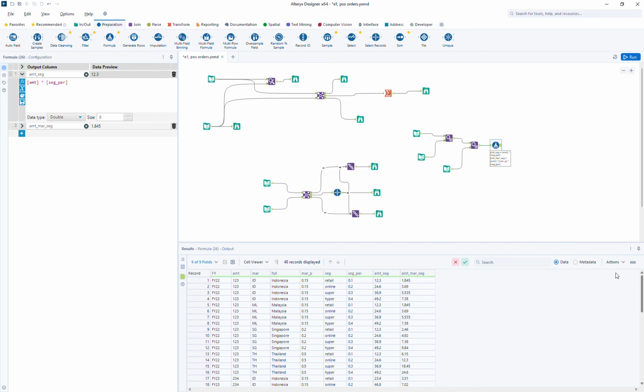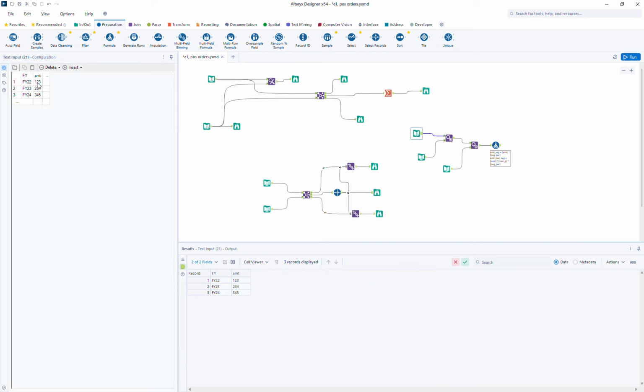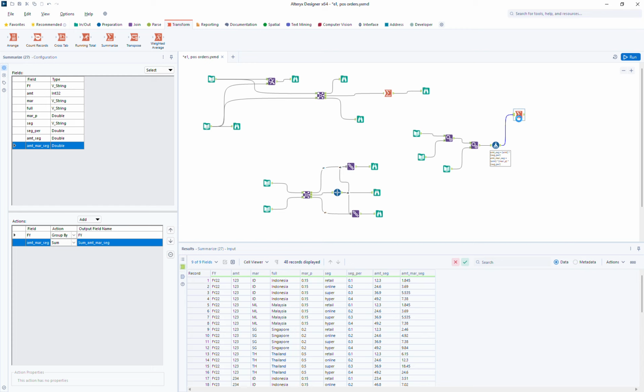If you sum this one back by FY, it will get you to the original result in here. Let us see how it goes. So I will sum this one back, I group by FY, and then I sum the last one, and it was supposed to tie back to the original.